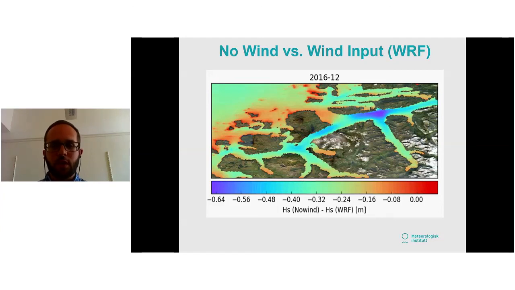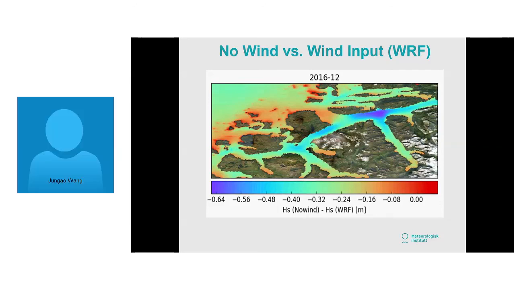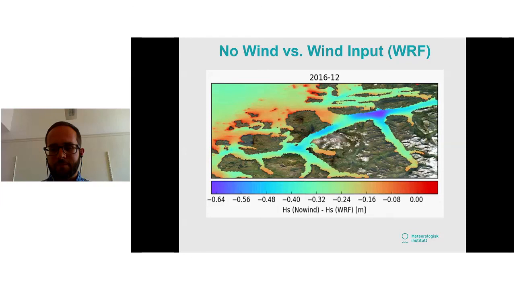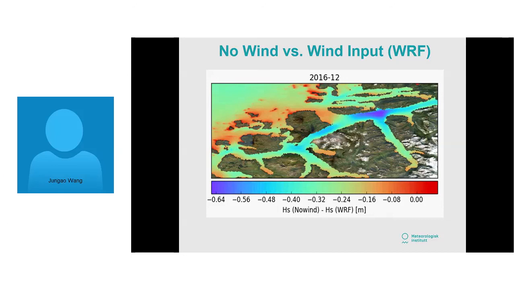And the wind input is every 1 hour, and the spectrum input from NORA 10 is every 3 hours. So it's still the mean wind velocity basically, right? Yeah. Okay. Thank you.